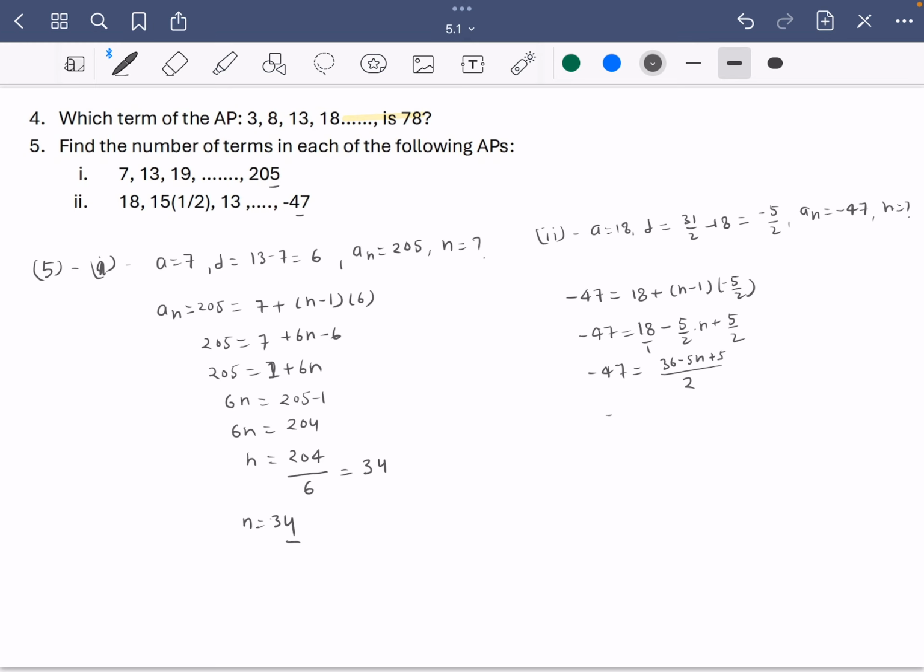and I can multiply both the sides by 2, so it is going to be 47 times 2, which is going to be 36 plus 5 is 41 minus 5n. 47 times 2 is 96. Negative 96 is going to be 41 minus 5n.